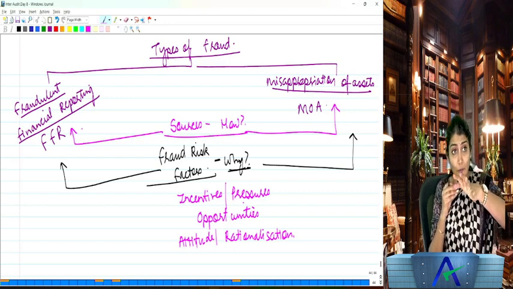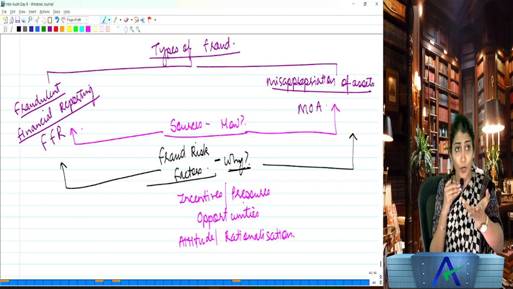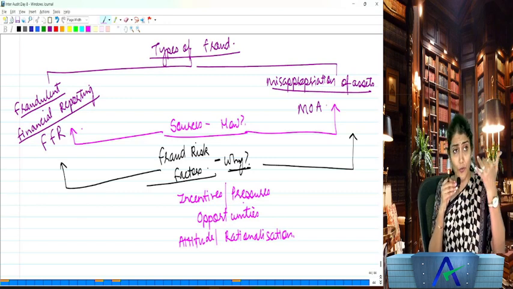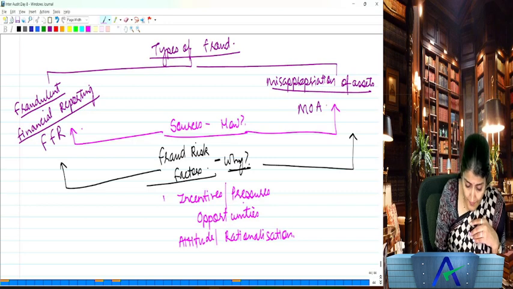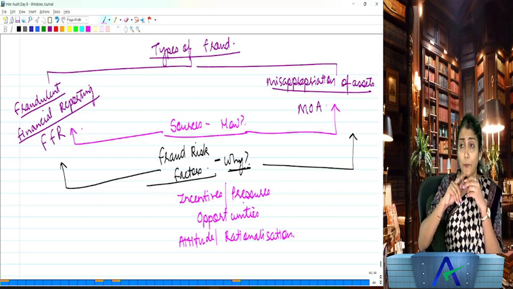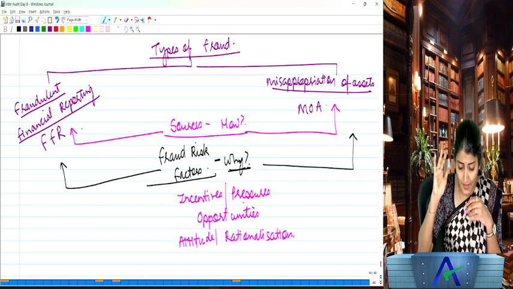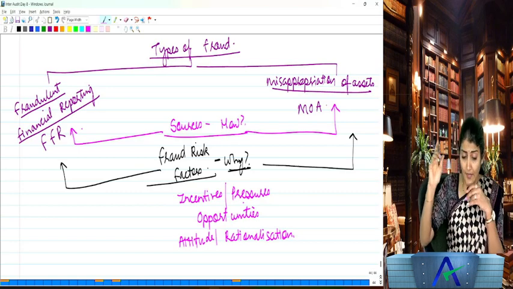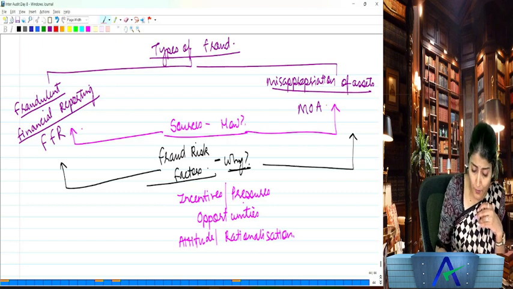Had we studied this question, okay, why would a company commit a fraud? Incentive, pressure, opportunity to commit a fraud. Right, so incentives or pressure, or there is an opportunity, or there is the attitude and rationalization. Are you all with me? Right, so one question which we discussed was what?